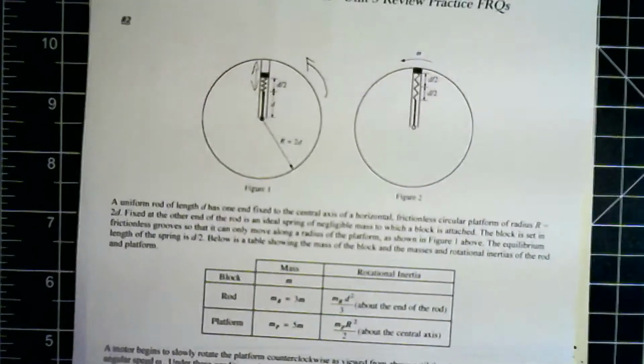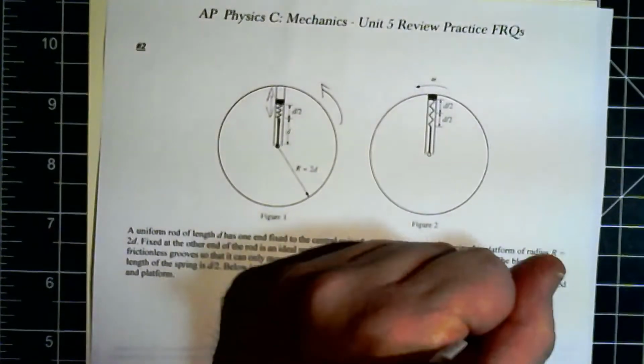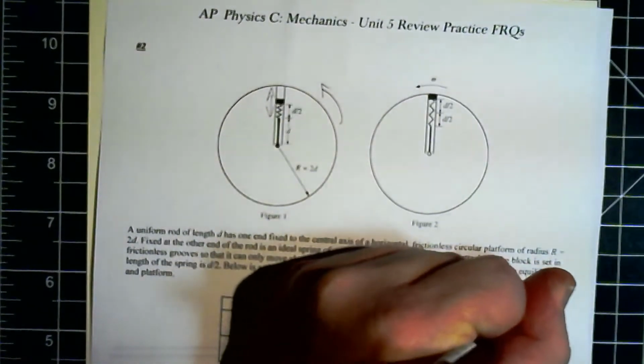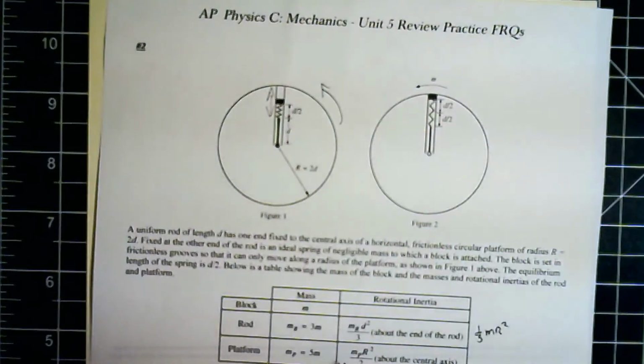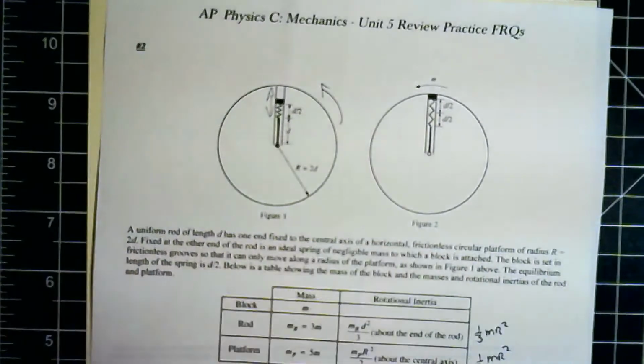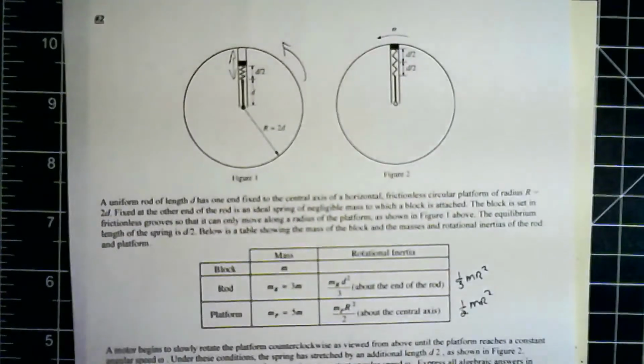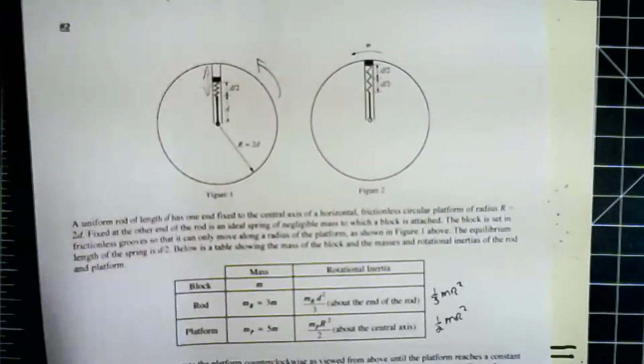It also tells us the rotational inertia of the rod: it's md squared over 3, or 1/3 mr squared, if you want to call it that. And for the platform, it's 1/2 mr squared. I like to do this sometimes when I see a lot of weird variables and subscripts. I try to make it simple so I understand what's happening.